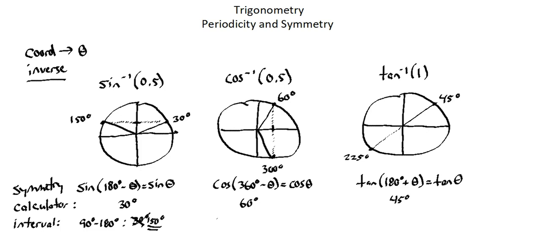In the case of cosine, let's say that the interval given is 180 degrees to 360 degrees. Considering my two angles of 60 degrees and 300 degrees, the only one that's in that interval is 300 degrees. And in the case of tangent, let's consider the interval 0 degrees to 180 degrees.